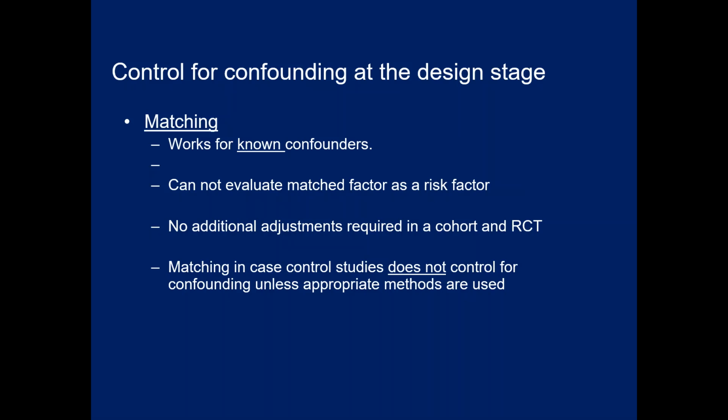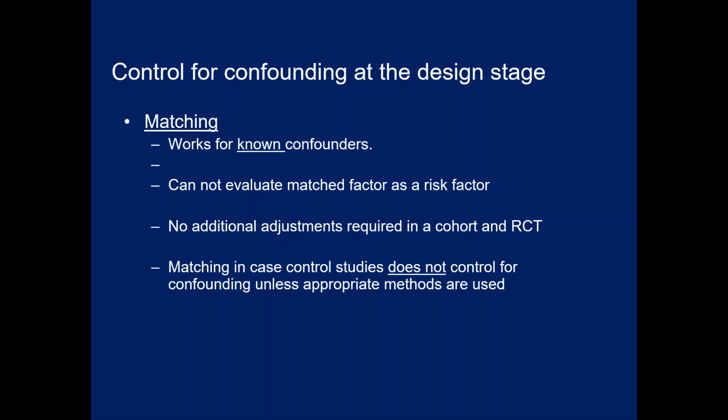In terms of analysis, you don't need to do anything fancy if you've matched in a cohort or randomized controlled trial, but matching in a case control study in and of itself doesn't remove confounding unless you use appropriate statistical techniques. So, a really key point: you'll often see in case control studies they might match on age, they might match on gender, and the idea that many people incorrectly come to is that that controls for the effects of age or gender.